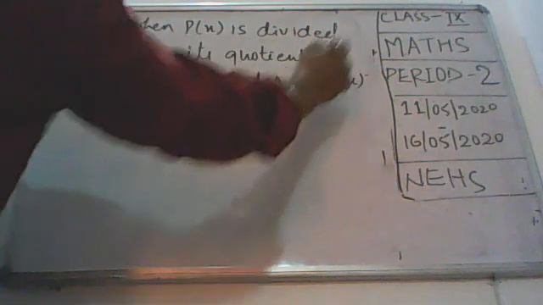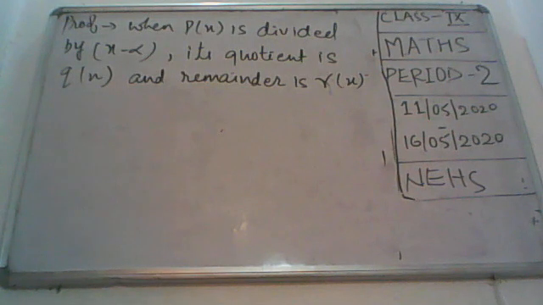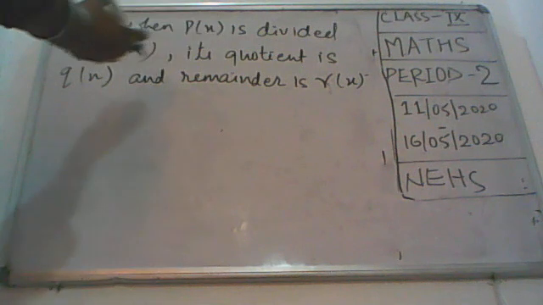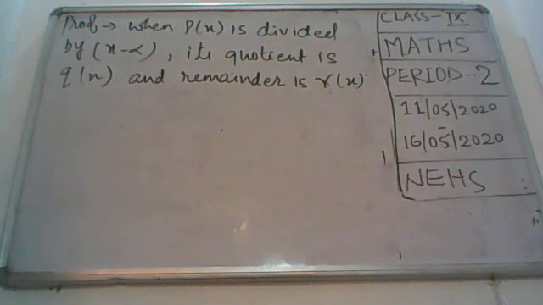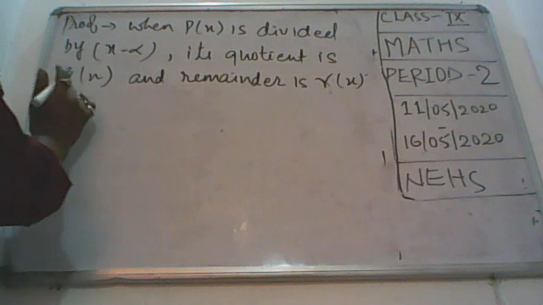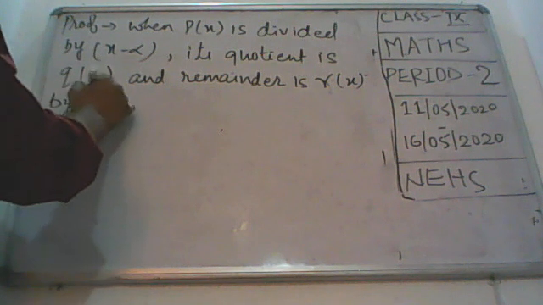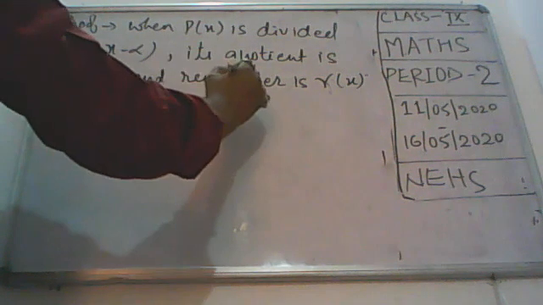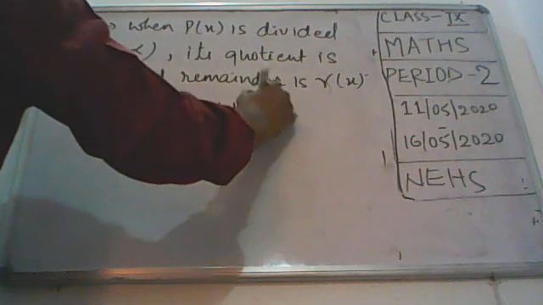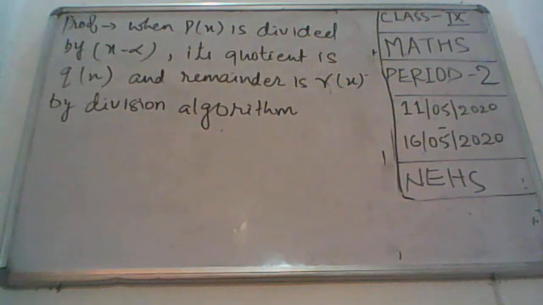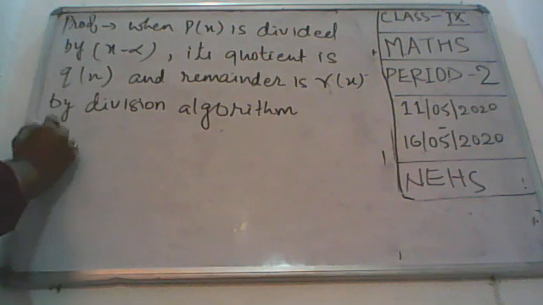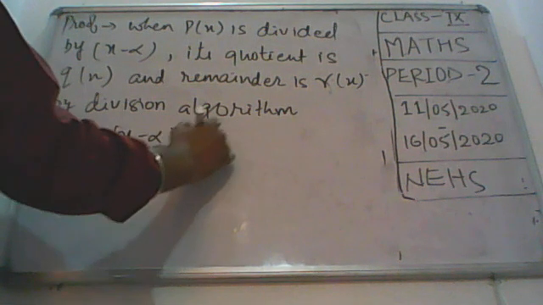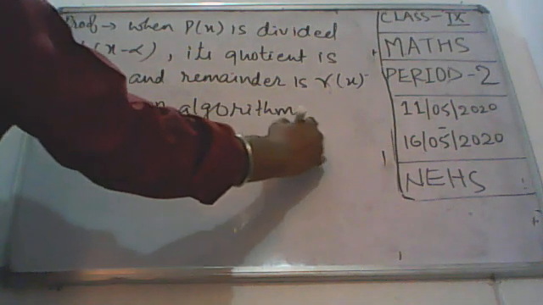Understand? Here also the same situation: the degree of r(x) should be less than the degree of x minus alpha. Then by the division algorithm we can say p(x) is equal to (x minus alpha) into q(x) plus r(x).